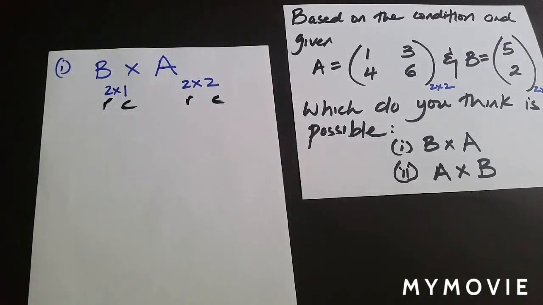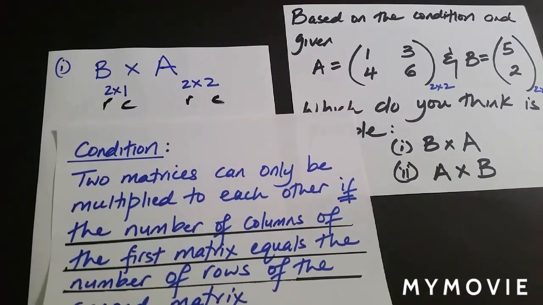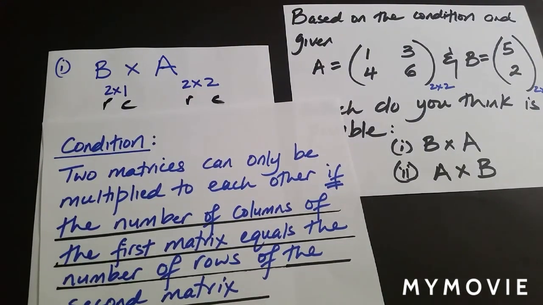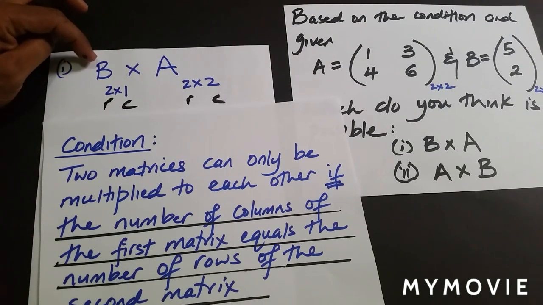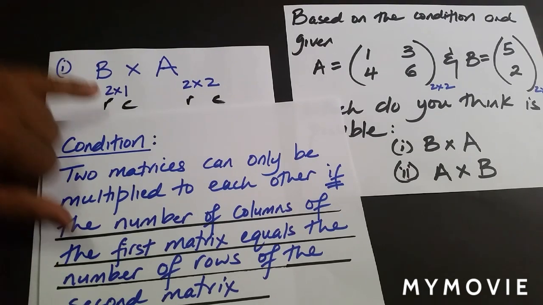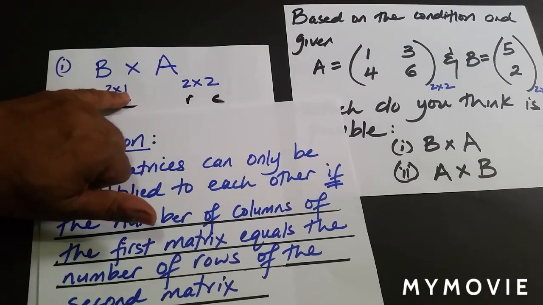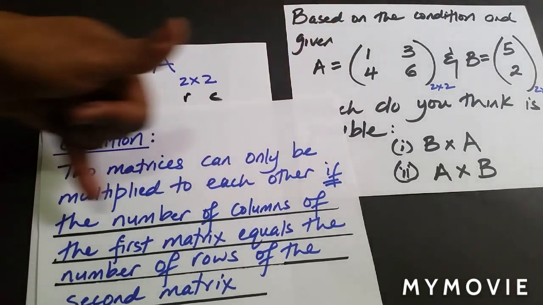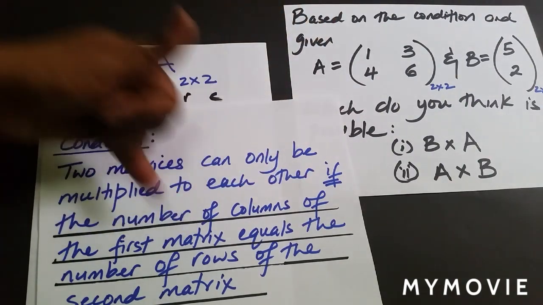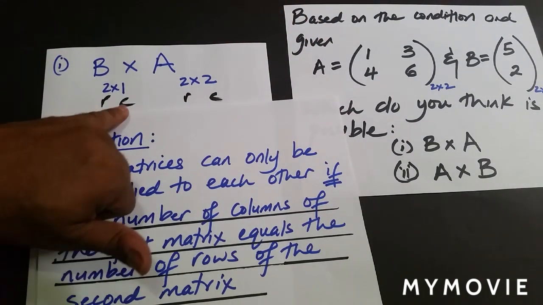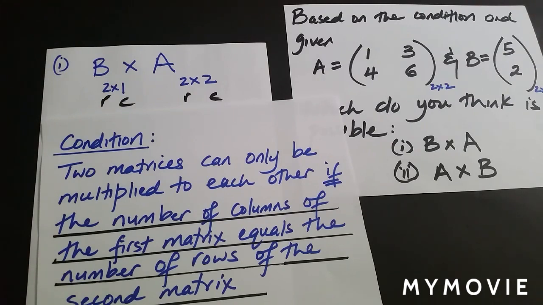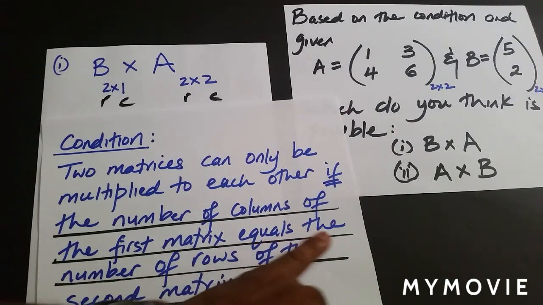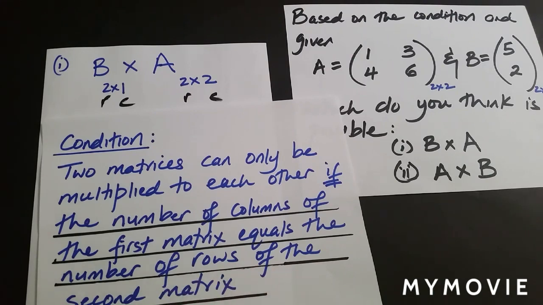Now the condition says that in order for two matrices to be able to be multiplied to each other, the number of columns of the first matrix, and in this particular case B is the first matrix, the number of columns of the first matrix B is 1. It says the number of columns of the first matrix must be equal to the number of rows of the second matrix.